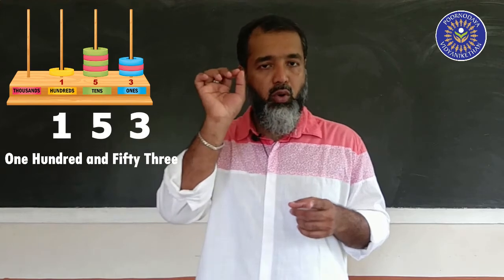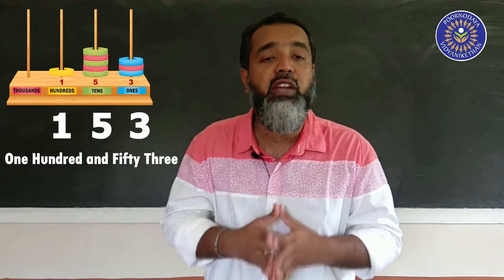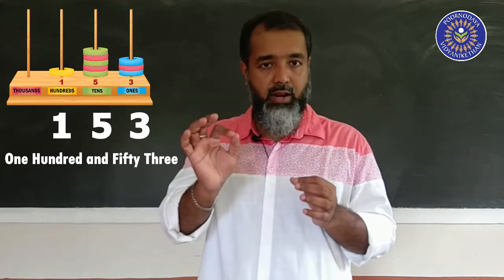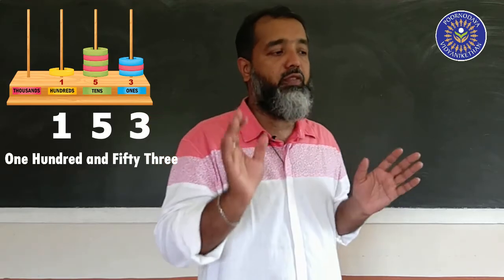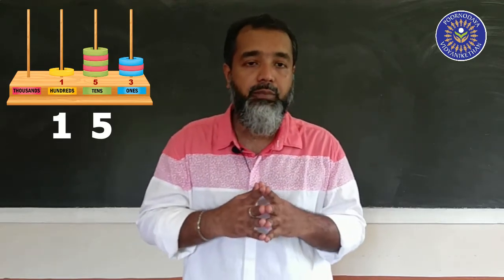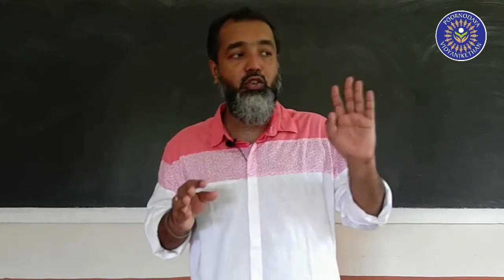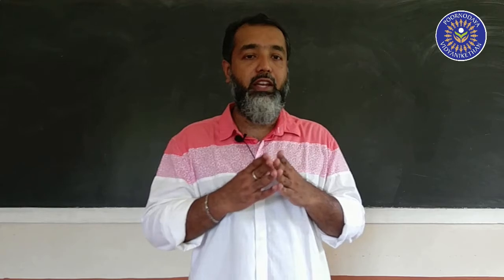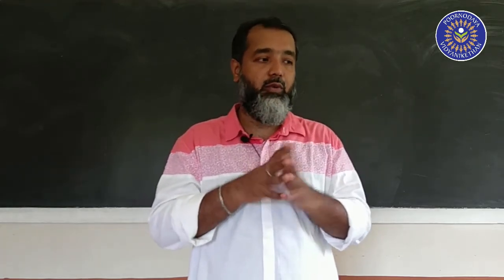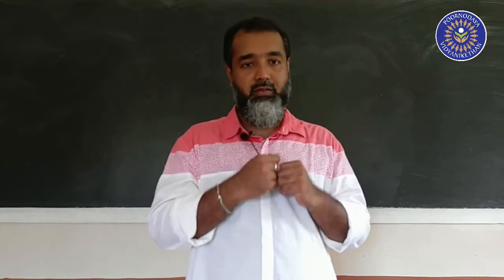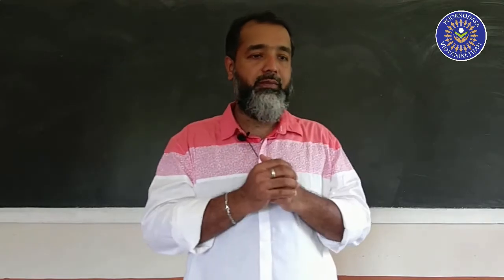So 5 times 10 is 50. So 153. Similarly, you can do 1 more or 2 more or 3 more. You need to fill in the blanks in your textbook like this.